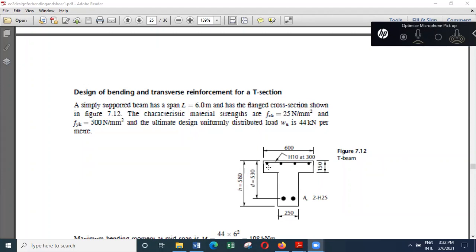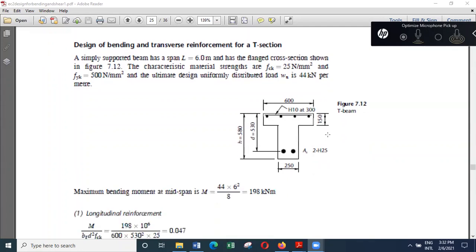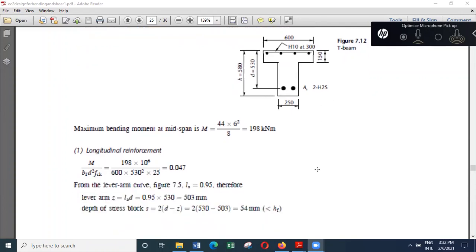The characteristic material strengths are 25 megapascal for concrete and 500 megapascal for steel, and it is subjected to not a massive load, only a small load, 44 kilonewtons per meter. So this is simply supported. So the maximum moment at the span is WL squared over 8, which is 198 kilonewton meters, and for that you can find the reinforcement.